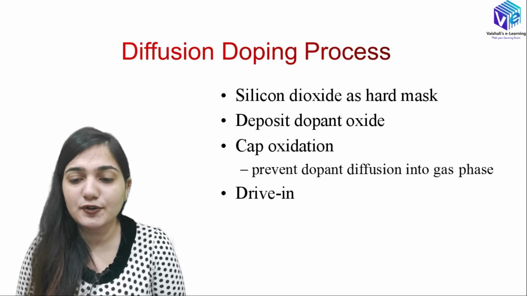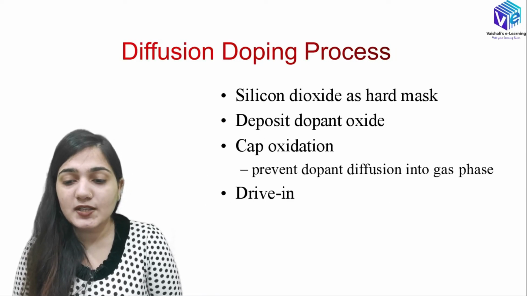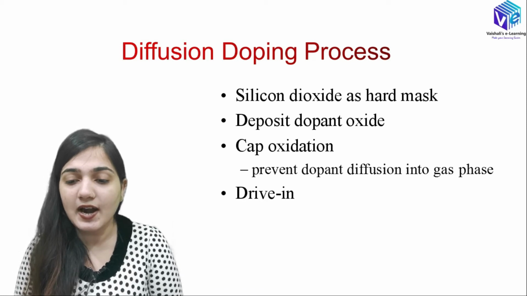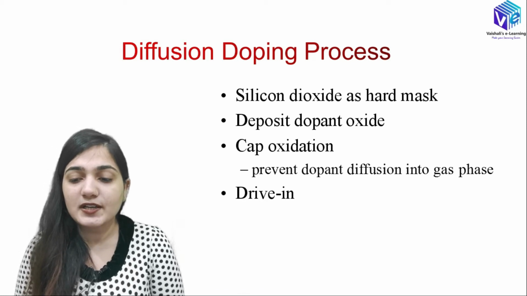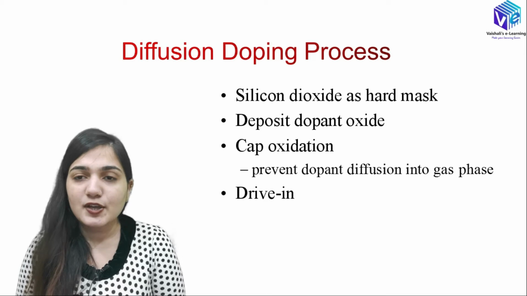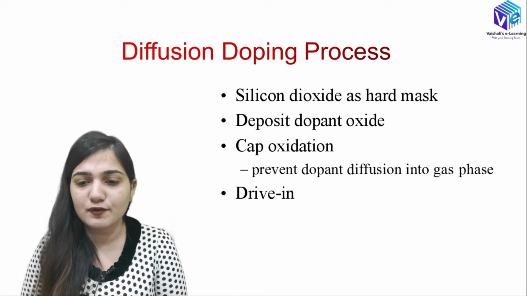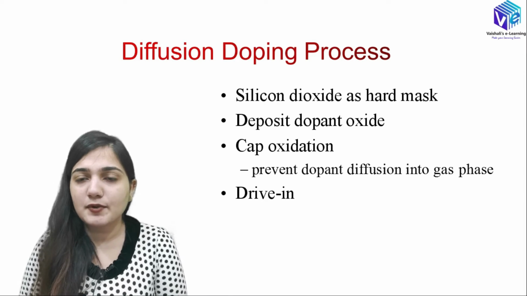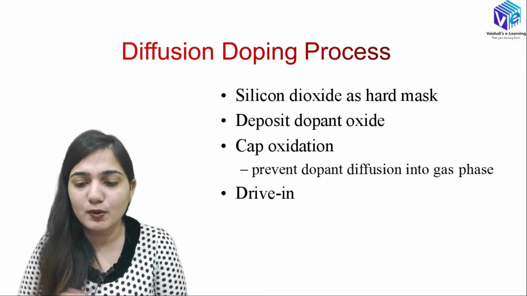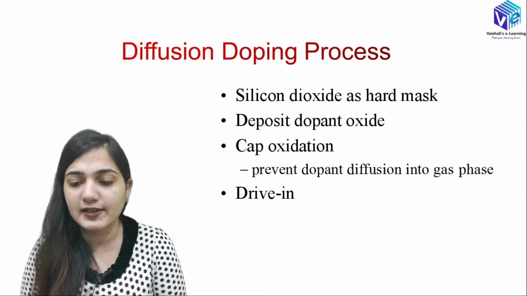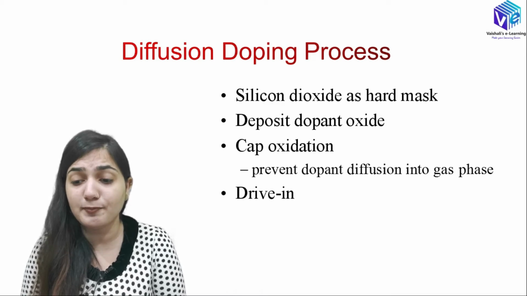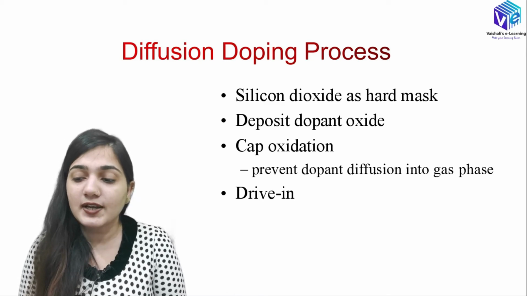Now, in the diffusion doping process, we use silicon dioxide as the hard mask. We deposit dopant oxide over it. The dopant oxide is a very thin layer of oxide, so that there will be a high concentration of dopant over the surface. Then we use cap oxidation to prevent the dopant diffusion into the gas phase.